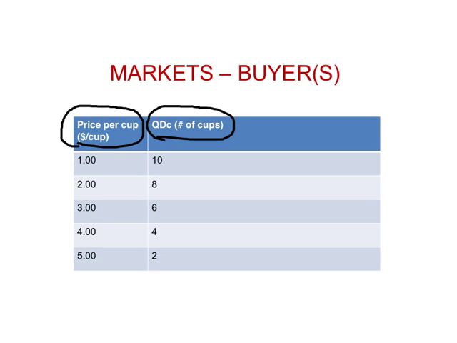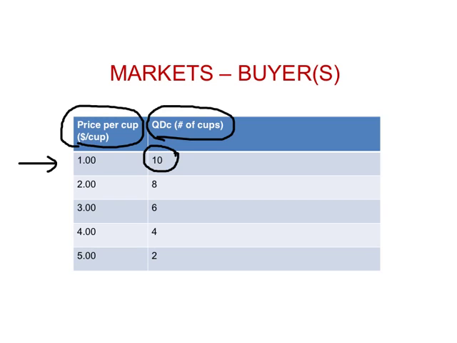So this person just has to tell us, based on all other factors, when the price is $1, how many cups of coffee would he buy? Or the price is $2, how many cups of coffee would he or she buy? And suppose this is what this person tells us.